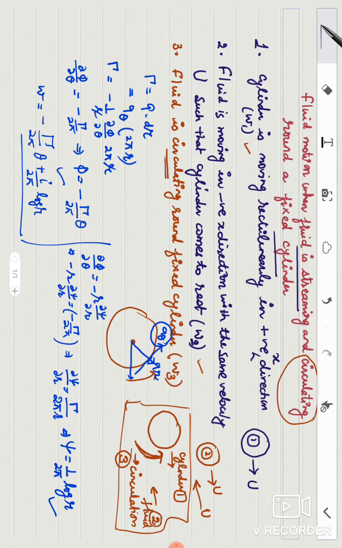After certain calculation you will get i gamma upon 2 pi log z. So this is the complex potential in case of circulation. Now I know W1, I know W2, and now this is W3. The combination of the three will give you the complex potential of the present state.